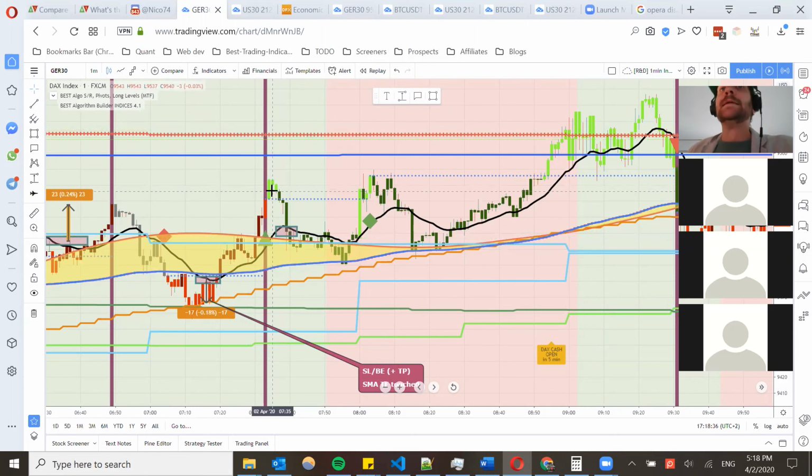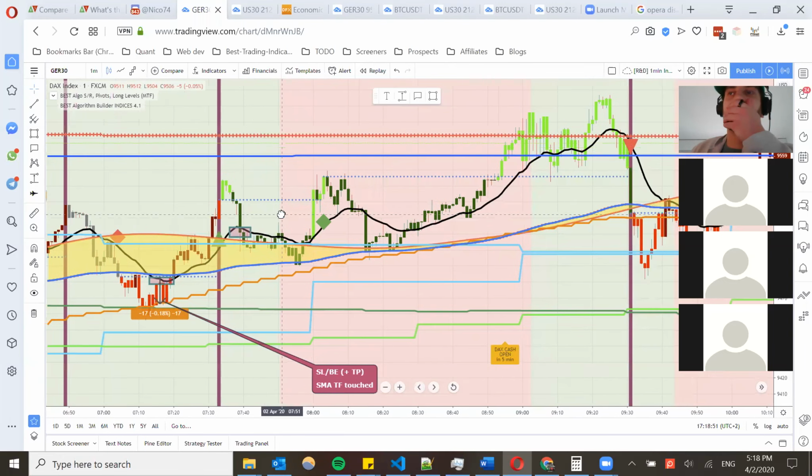Okay, I get it. So that's up to you, but where I will enter is basically here, because sometimes in 3 candles the move happens and sometimes not. For me a pullback needs at least 5-6 candles, otherwise it's not a pullback.